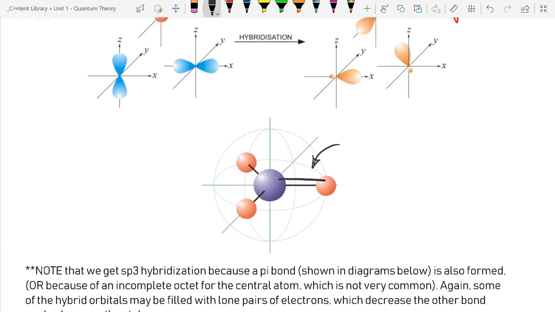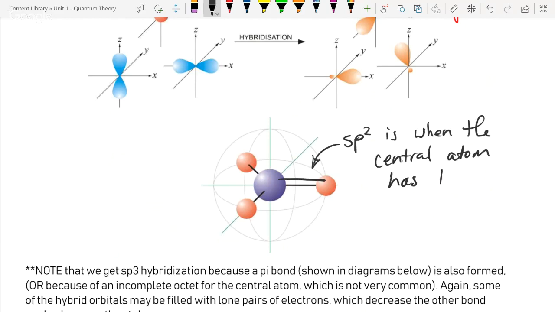So sp2 is when the central atom has one pi bond. There we go.